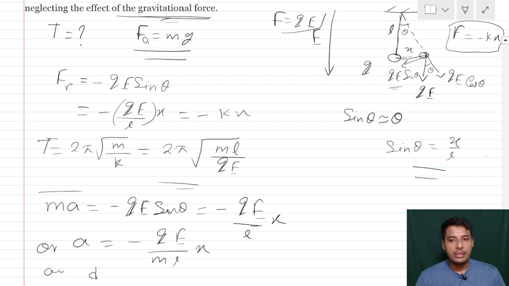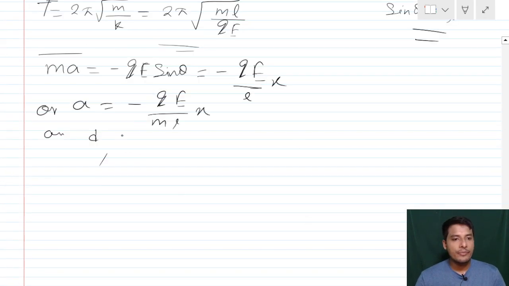or we can write d2x by dt square plus qe by ml x equal to 0.